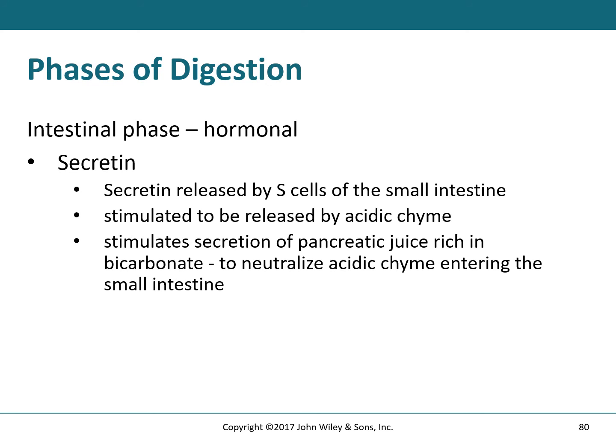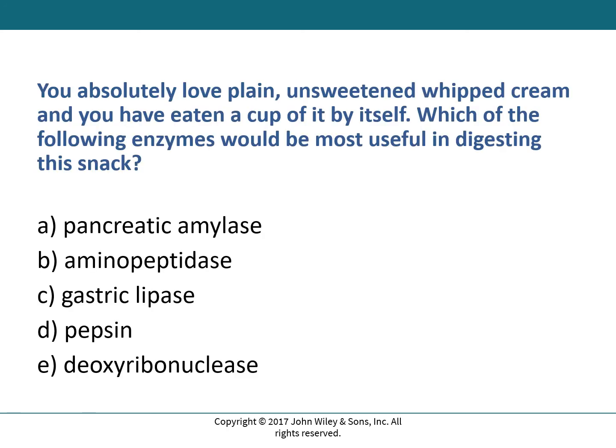And what that does is it neutralizes the acidic chyme as it comes into the small intestine. So if you recall, the chyme in the stomach has a pH of about 1.5 to 2, but we don't want it to be that acidic in the small intestine. So the idea here is you're going to neutralize that and make it less acidic so it doesn't damage the small intestine. So that's the end of the presentation on Chapter 24.